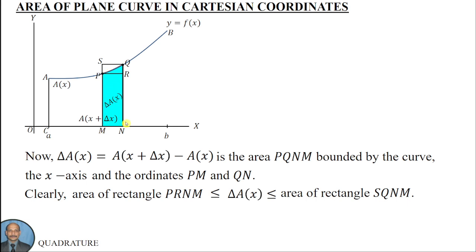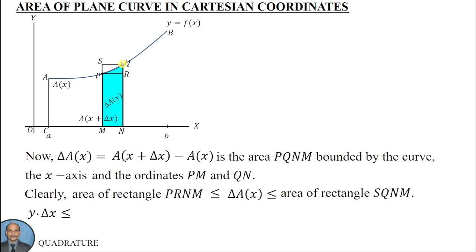So the area of the rectangle PRNM is given by y into delta x. y is the height and delta x is the width. So y delta x is less than or equal to delta A(x). Delta A(x) is actually the difference of these two areas.